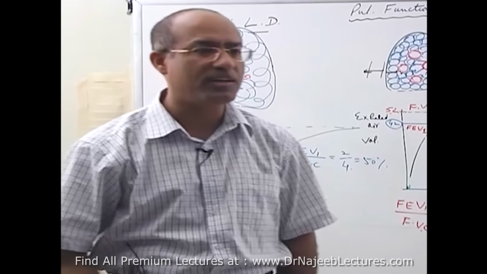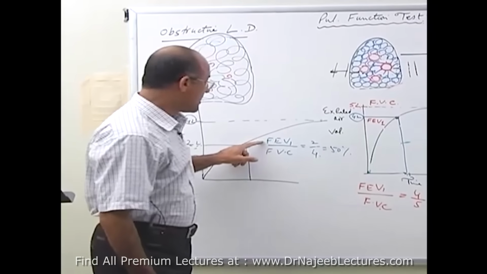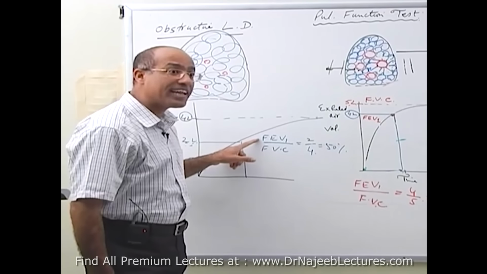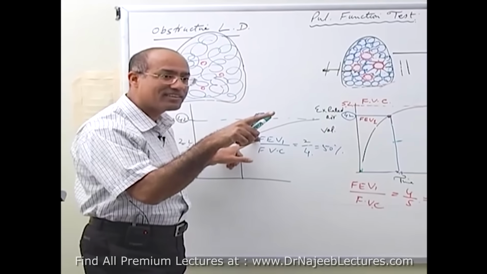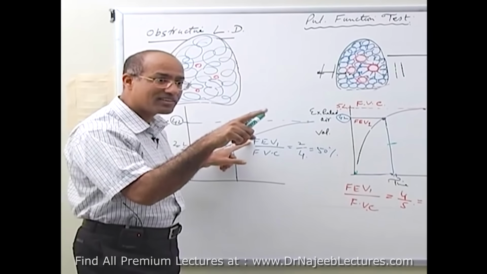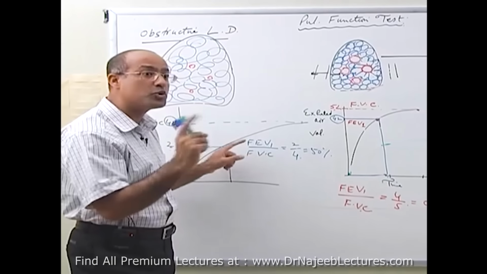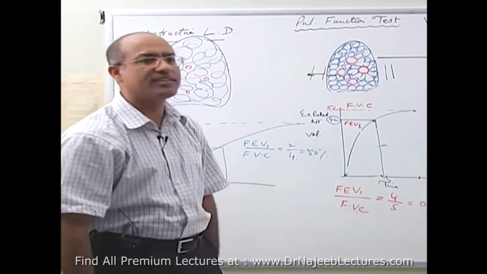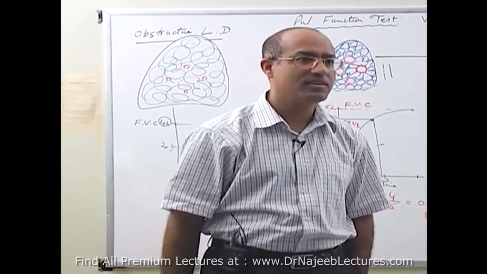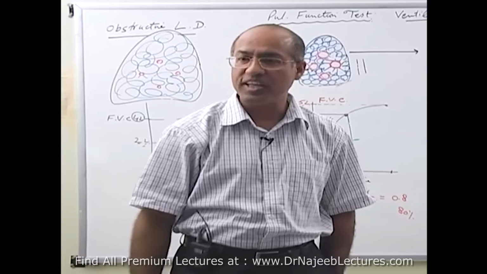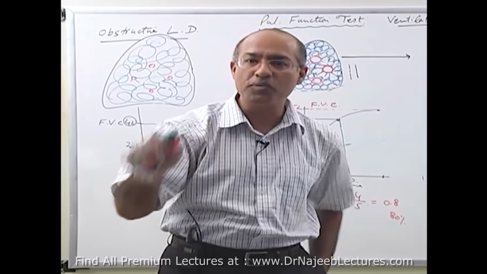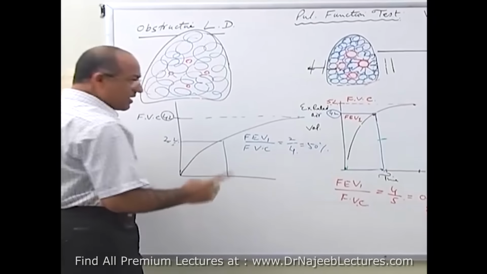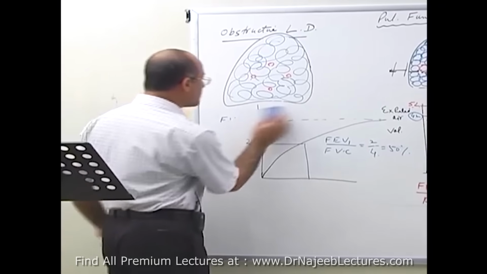There's a basic principle that whenever the fraction of the forced vital capacity expelled during the first second is less than 70%, we say there is some obstructive element. Am I clear? Any problem here? No problem here? Okay. Let me mention the same thing in another way.